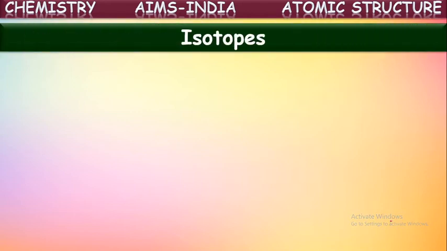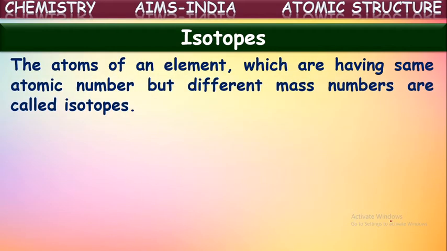Out of those, the first one is isotopes. The atoms of an element which have the same atomic number but different mass numbers are called isotopes. So what is the definition for isotopes? The atoms of an element. If you collect the atoms from an element, they will all have the same atomic number.